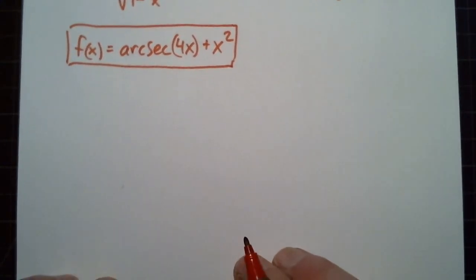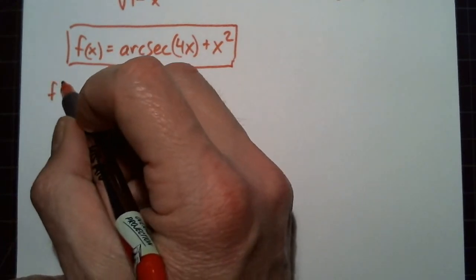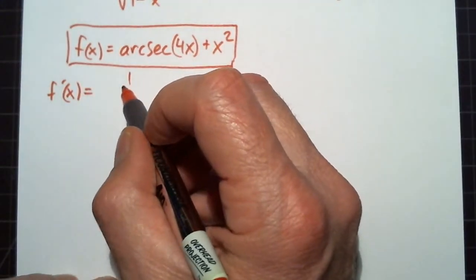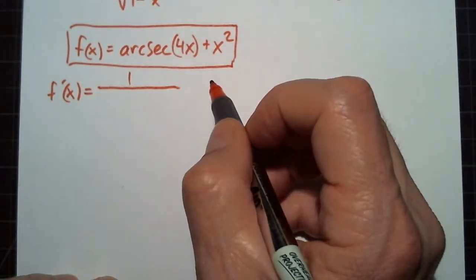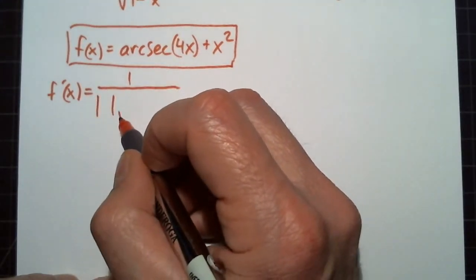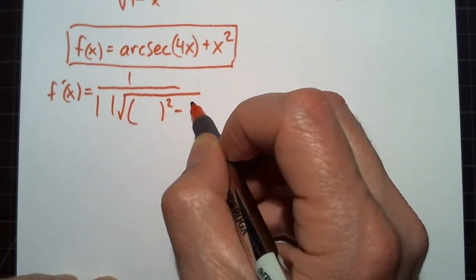All right, so now we have arcsecant. Go ahead and try that one. Pause the video. So write down the formula for arcsecant: 1 over absolute value of u times the radical of u squared minus 1.